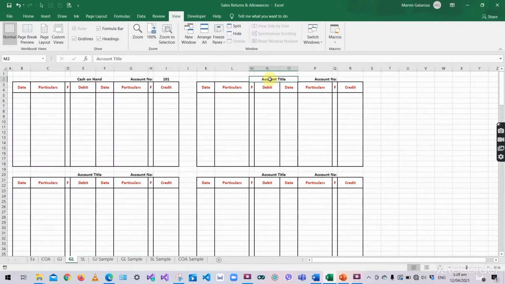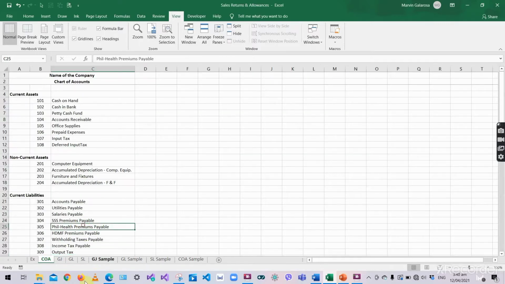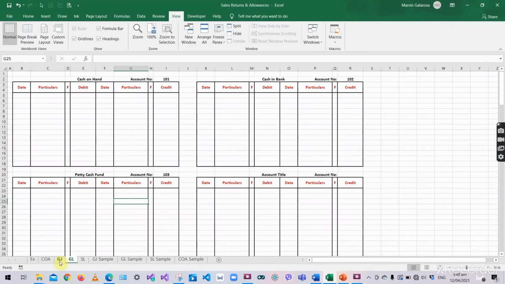Cash in bank. Account number, 102. Petty cash fund. Account number 103. So, gagawan lang natin ng ledger account yung mga accounts lang muna na mag-a-appear sa ating example.